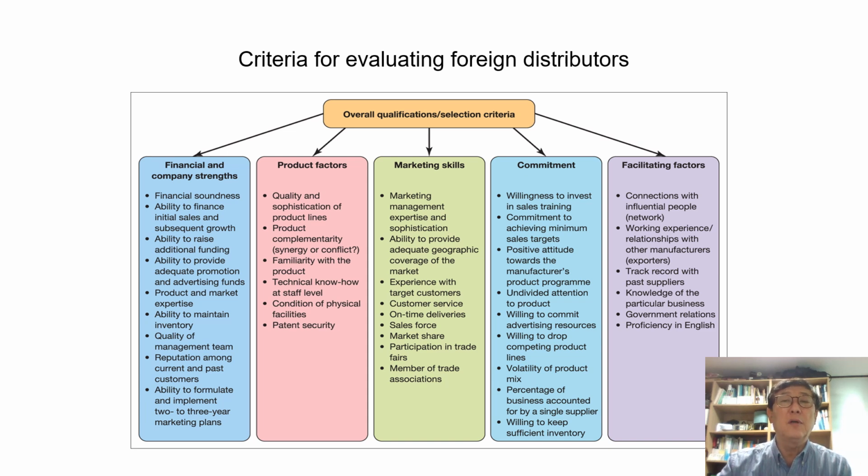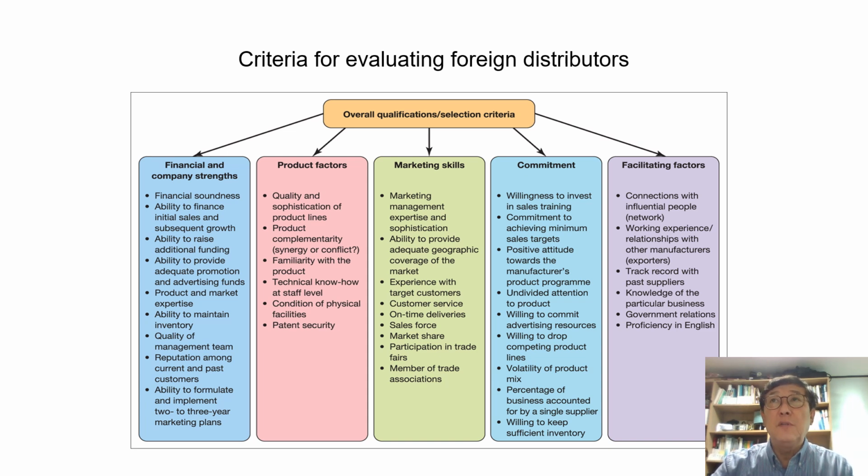If a certain company is financially strong, can handle your product, and has good marketing skills, but is already handling A product, B product, C product, D product, and your product, then the commitment is maybe 20% or less. But if they are handling only your product and also want to be successful with it, that is very important commitment to your company.